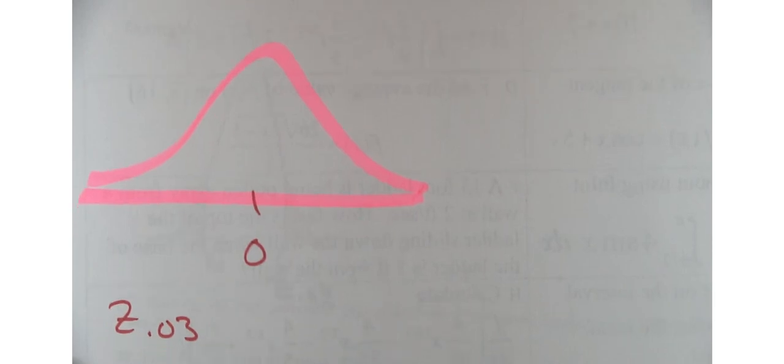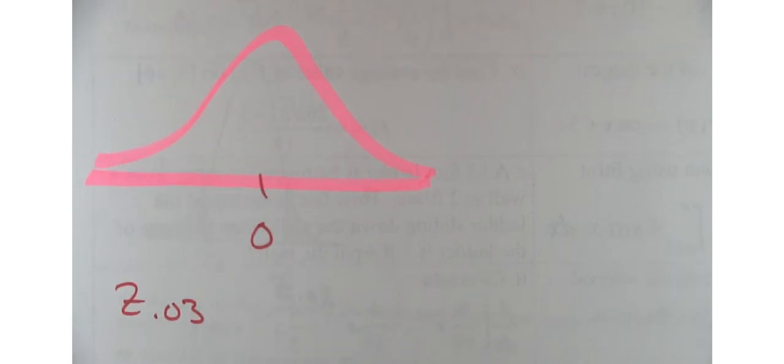I want to find z sub 0.03. Z sub 0.03 is going to be the point on the standard normal curve with 3% of the area in which tail? The right tail. So I want 3% of the area in the right tail, so that's going to be this point out here someplace.